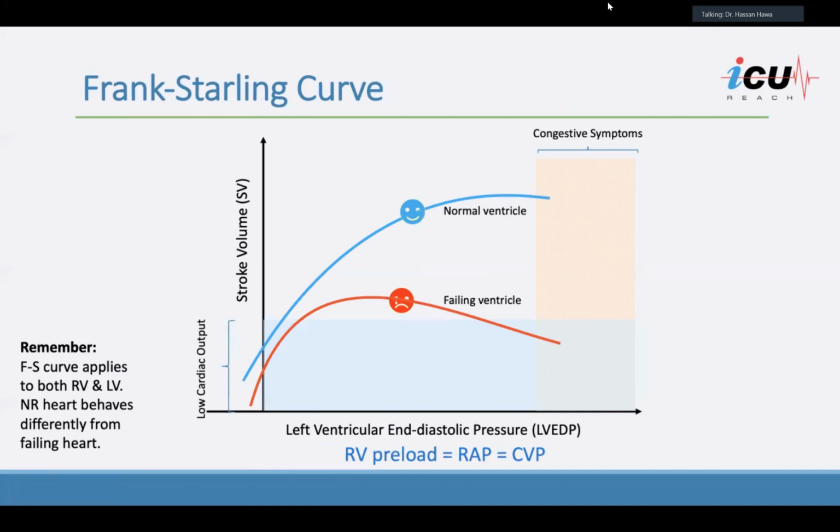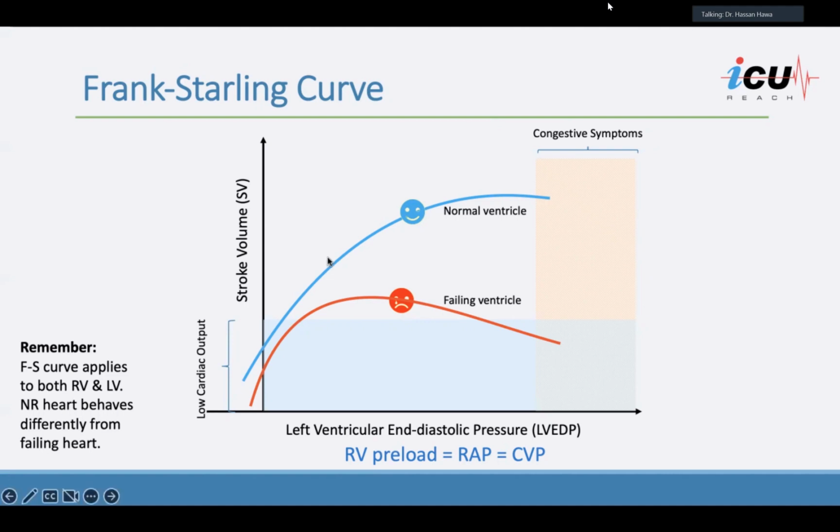Now, we did talk about the Frank-Starling curve. Again, this is one of the major principles in hemodynamics. We need to remember that for the normal ventricle the slope is quite steep compared to the flat curve for the failing ventricle, which means that your patient will reach the flat portion of the curve earlier in heart failure than those with a normal ventricle.